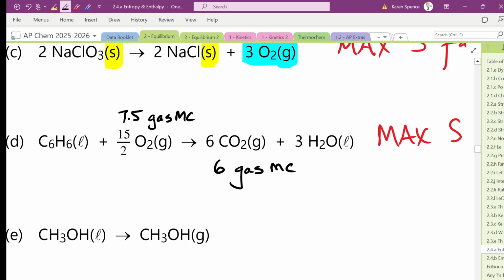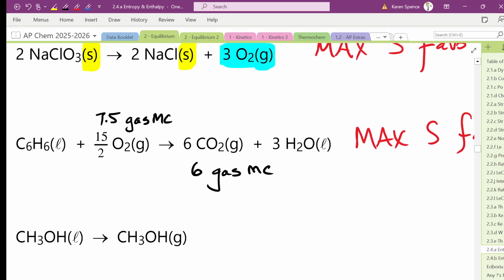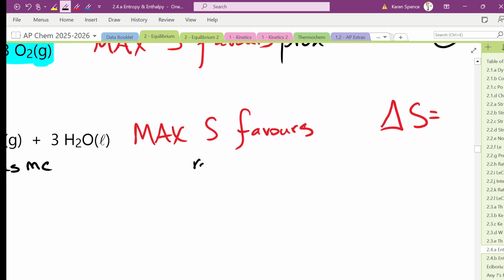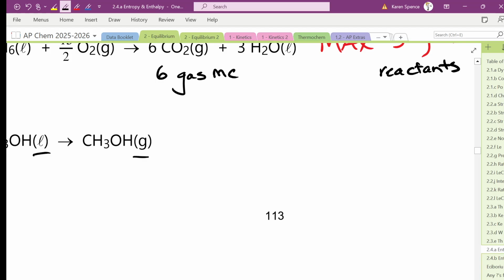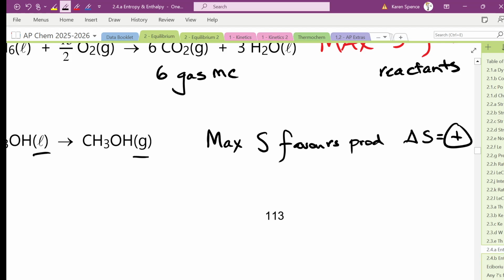So 7.5 beats 6. All right, so maximum entropy favors the reactants, and delta S is negative. And in our last one, we go from a liquid to a gas. So maximum entropy favors products, and delta S is positive. Is that all good? Cool.